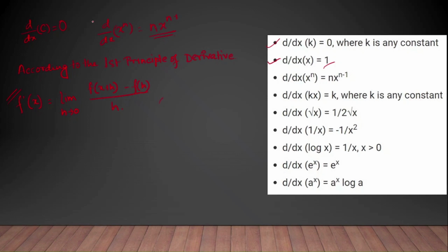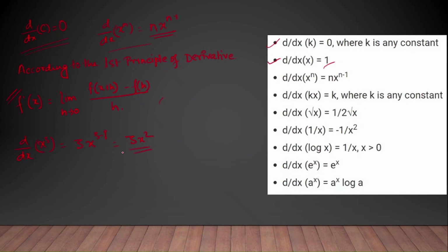So for simplification, you can remember these: d/dx of a constant will always be 0, d/dx of x will be 1, and d/dx of x^n will be n x^(n-1). For example, d/dx of x cube: the power 3 comes in front, that is 3 x^(3-1), which is 3x square.